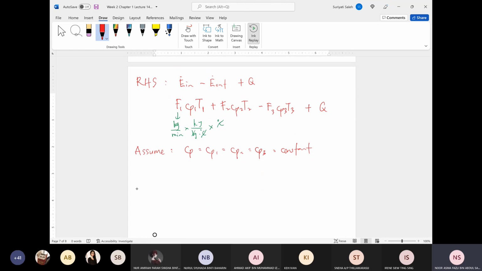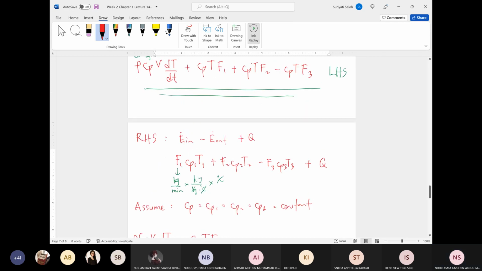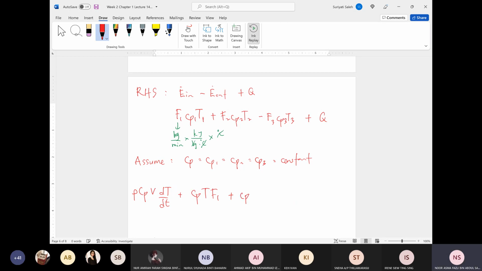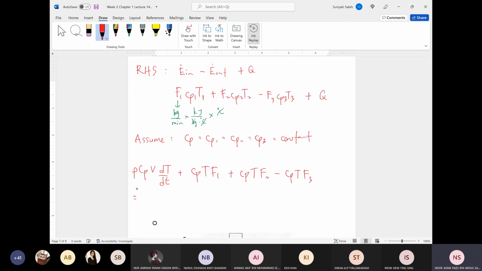So we have rho CP V dT over dt, plus CP TF1 plus CP TF2 plus CP TF3 minus CP TF3 equal to F1 CP1 T1 and then F2 CP2 T2 minus F3 CP3 T3 plus Q. Okay.